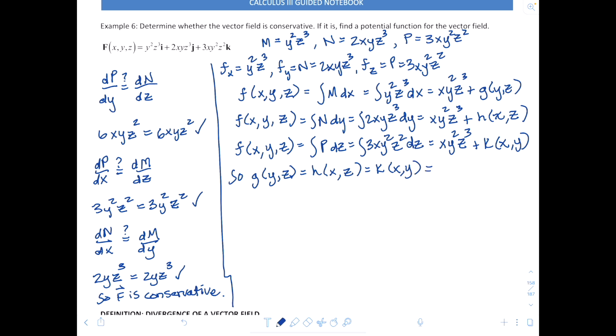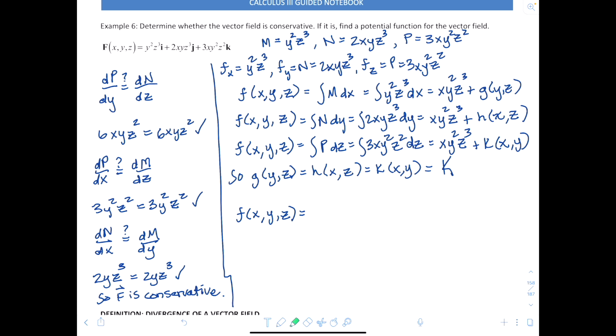Let's just call this some capital K, not the vector K, some capital K. All right? So therefore, f at x, y, and z equal to, and the reason they're all equal, of course, is because we got the same antiderivative for each of them.